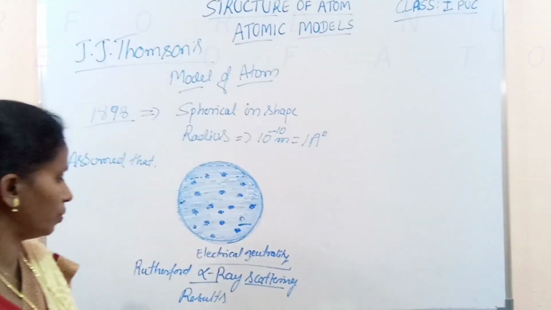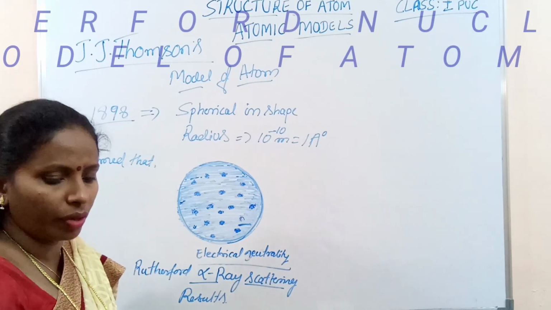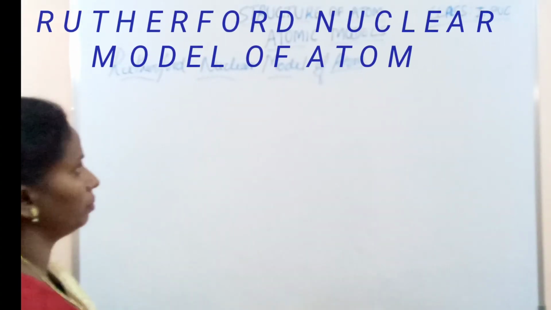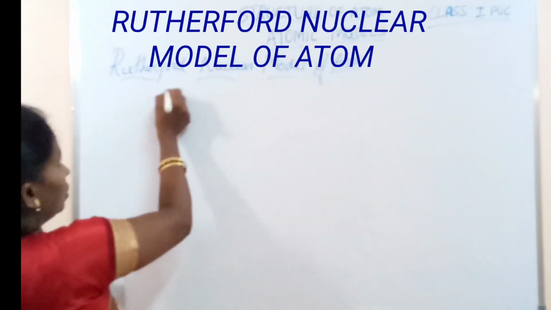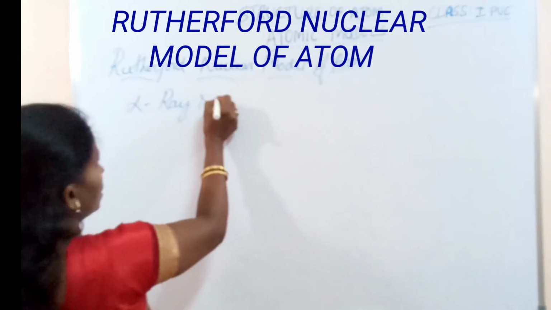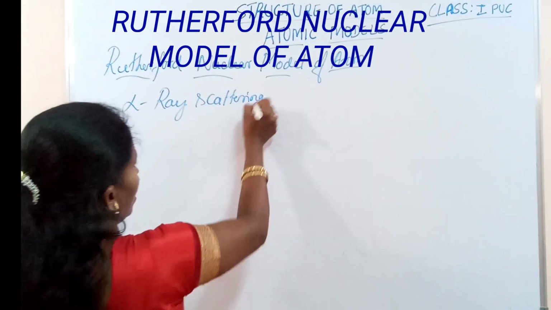Next, I will go for Rutherford's nuclear model of an atom. This is also called the alpha ray scattering experiment.